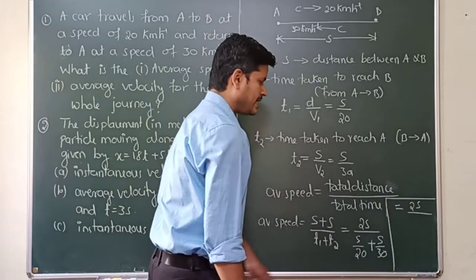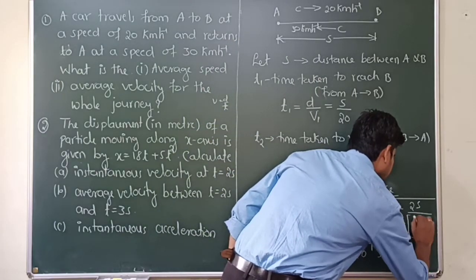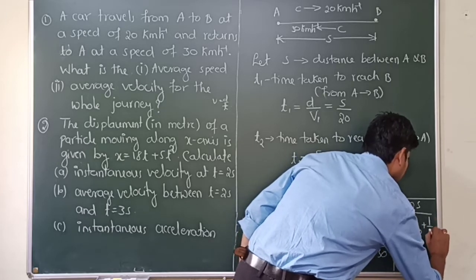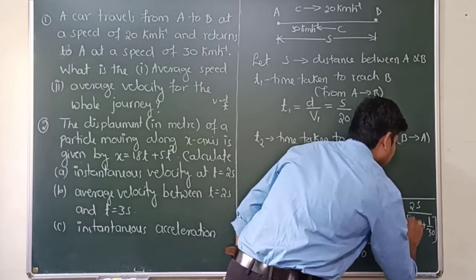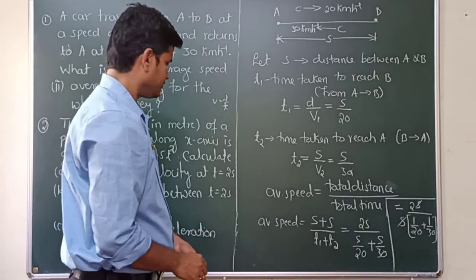Now further simplification. 2S whole divided by, take S common, one side the bracket, 1 divided by 20 plus 1 divided by 30. The S gets cancelled. Correct?